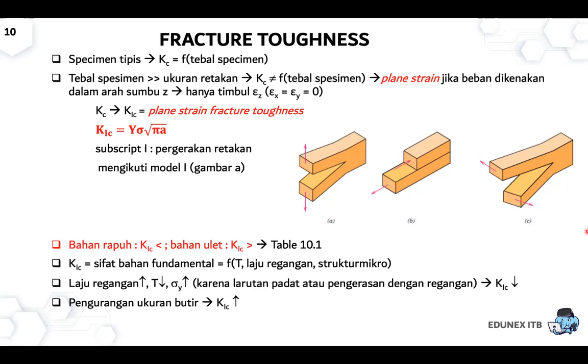Okay, because we always do the testing mostly around this type of testing, the Kc that we like is actually K1C. Okay, Romawi, ya, satu Romawi. So K1C, or we call it plane strain fracture toughness.